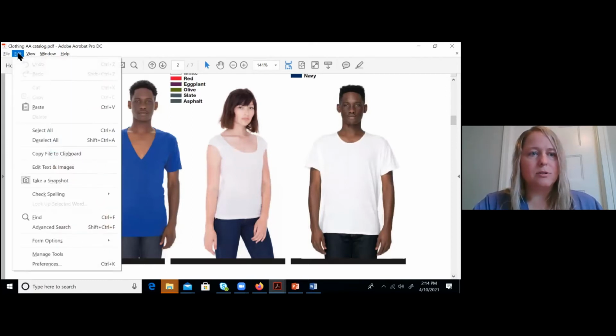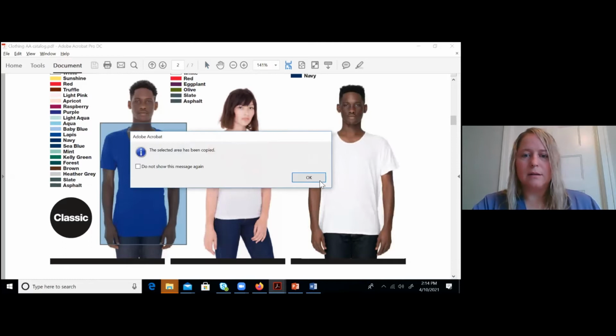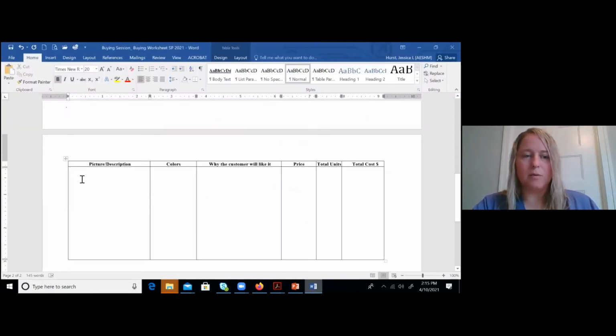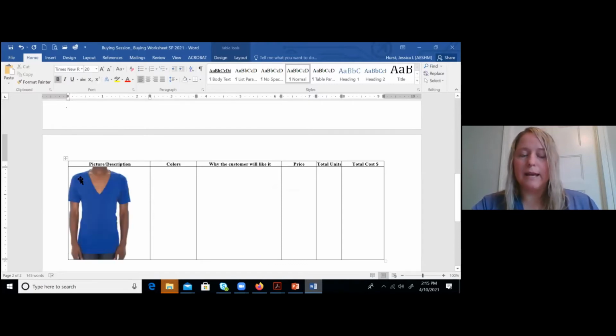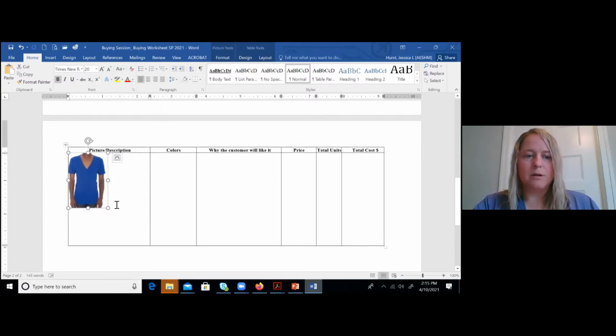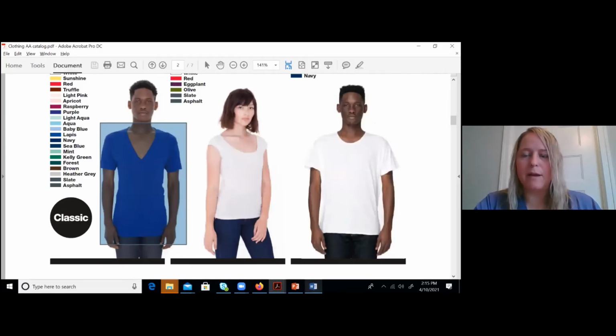Okay, so if I go to the edit tab and say take a snapshot, I'll just take a snapshot of this short sleeve V-neck here. And then I come into my Word document and click where I want, and then I can do Control V and paste that in. And I can make that smaller.